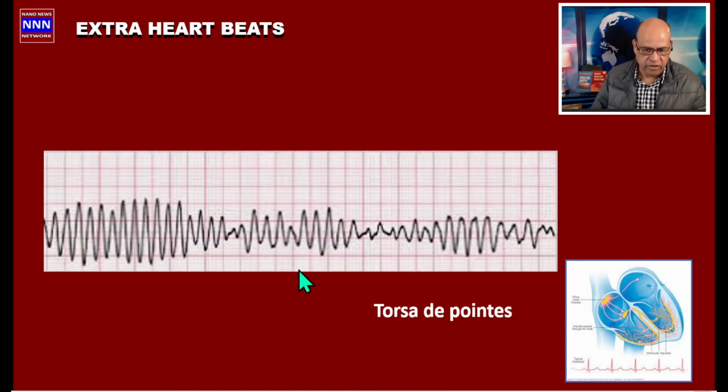And here is an example of a torsade where we have a QRS complex which is going in one direction, it shifts the axis, it is going in another direction, the rate is faster, the QRS morphology varies from beat to beat, and this is an example of an advanced ventricular arrhythmia and usually represents a very significantly sick heart.